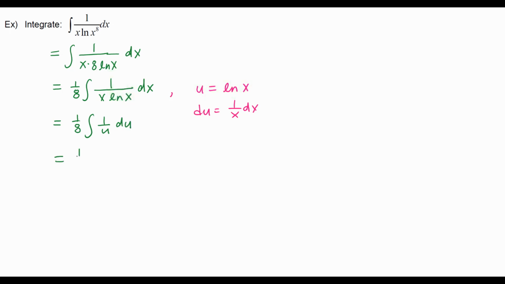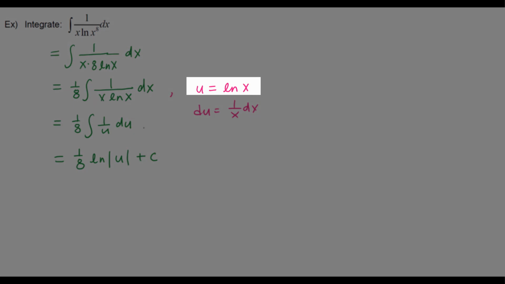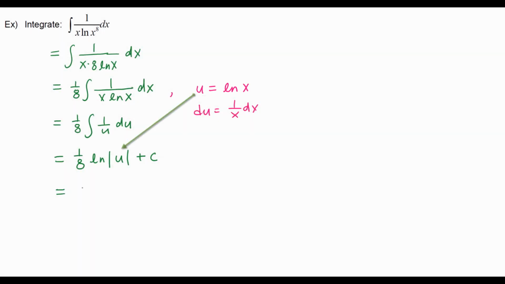And when you integrate 1 over u, I get ln of the absolute value of u plus c. And since my u was ln x, my answer would be 1 over 8 ln of the absolute value of ln x plus c. And that is my answer.